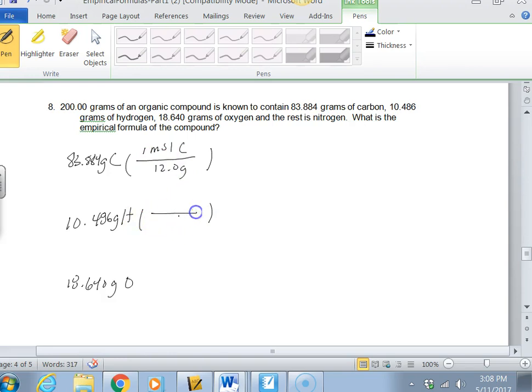Convert from grams to moles. And for oxygen, 1 mole is 16 grams.